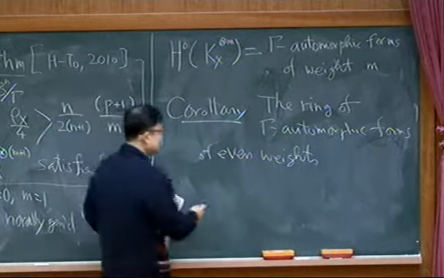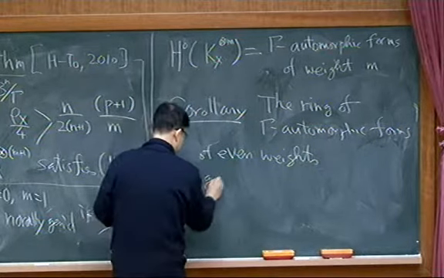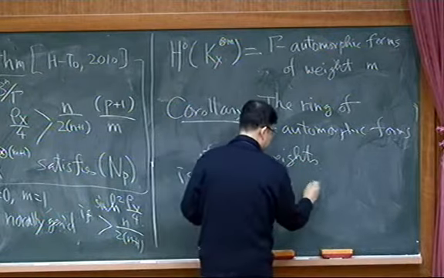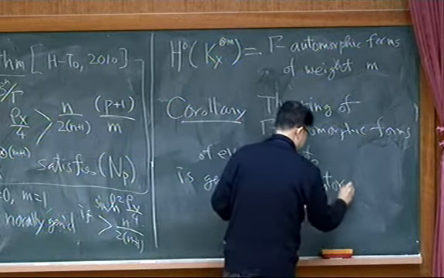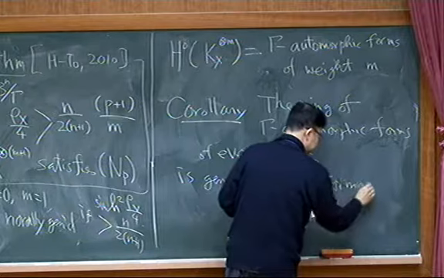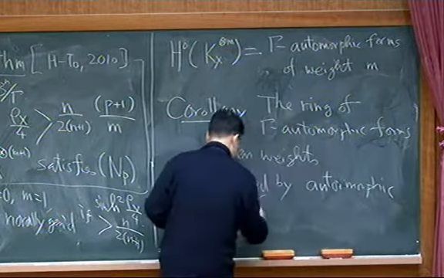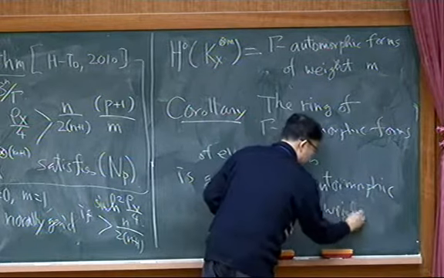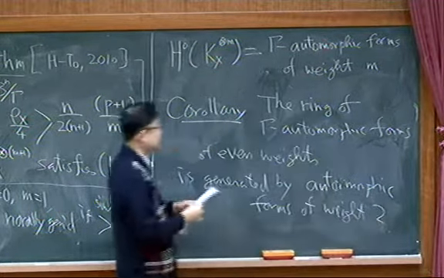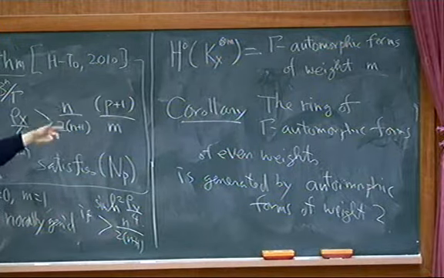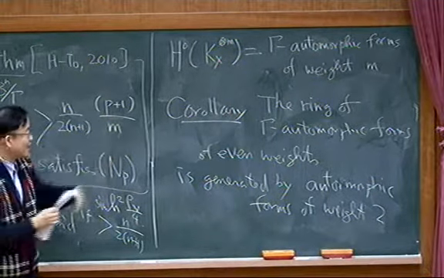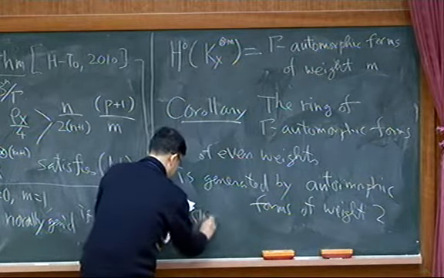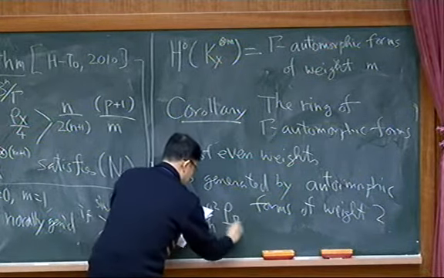So this ring is generated by automorphic forms of weight 2. So it suffices to just take the minimal one, if this condition on the injectivity radius of Gamma is satisfied.